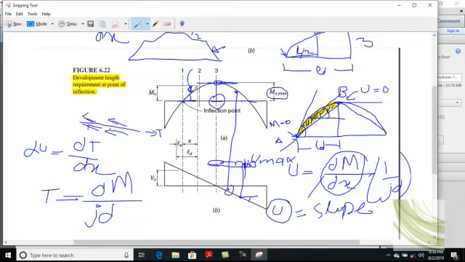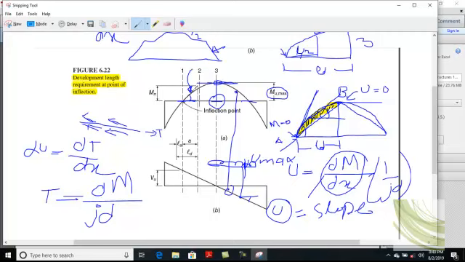So here they drew a tangent to the actual moment diagram. The slope of this line must be greater; it must envelop the actual moment diagram. Envelop means that it must lie outside of this actual moment curve.